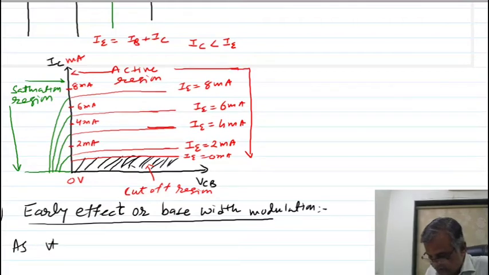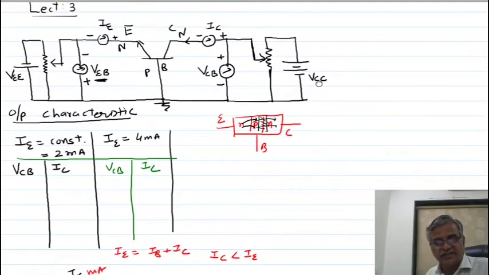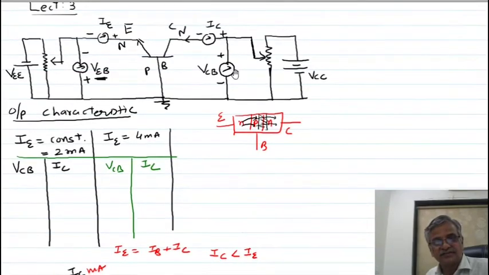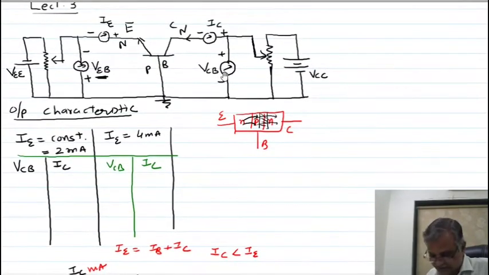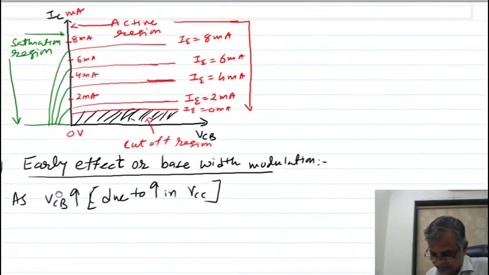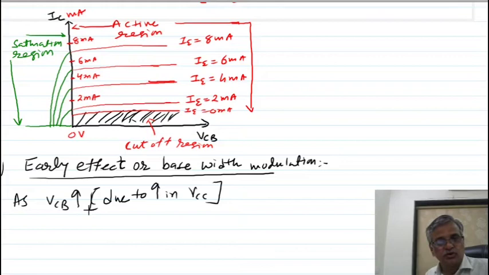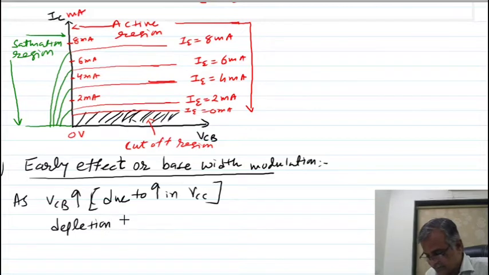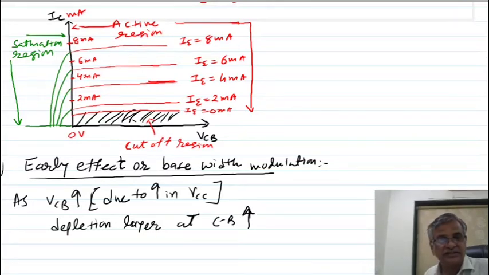As VCB increases due to an increase in VCC, as this voltage increases, so this voltage increases. As VCC increases, VCB increases, that's why I have written like this. Due to the increase in VCB, the depletion layer, or you can say the space charge width, the width of the space charge region at the collector base junction, increases.